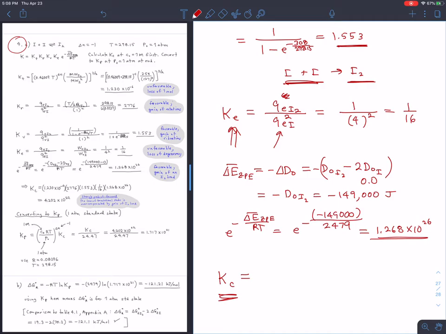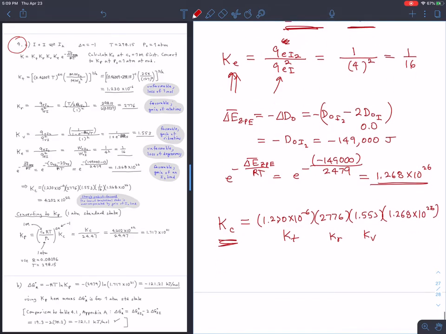Multiplying all those factors together, we get 1.230 times 10 to the minus 6, that's Kt. 2776, that's Kr. 1.553, that's Kv. 1/16, that's Ke.